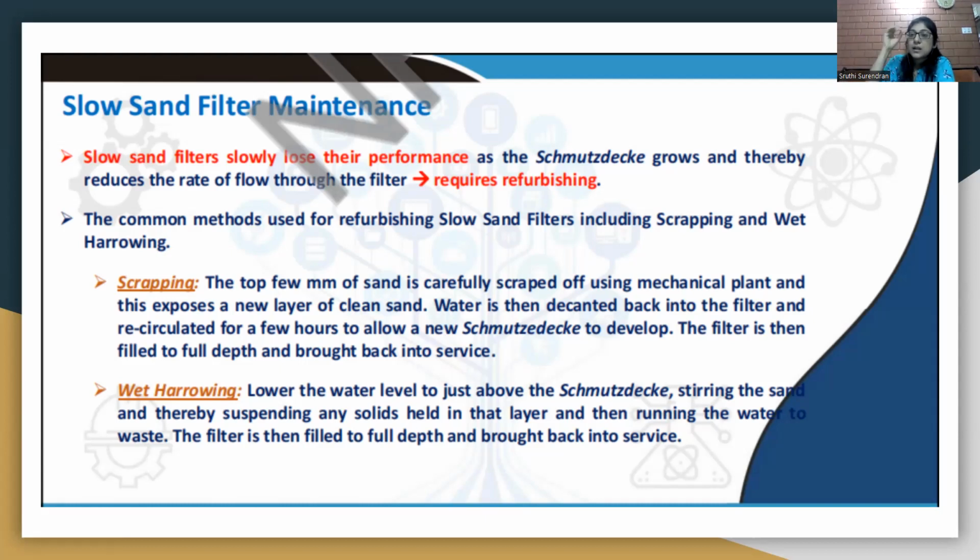And this process is continued until a particular thickness of the sand filter media is reached. After that, they have to renew it with a new thickness of sand layer.